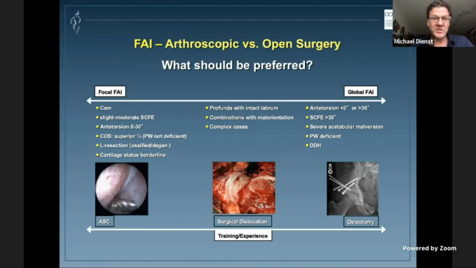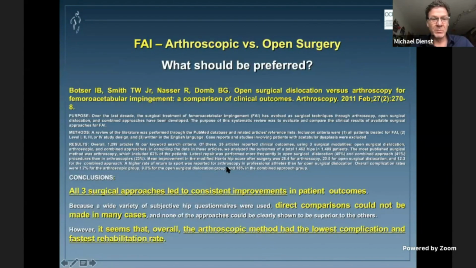The question which has been influencing us, especially in the first 10 years after first publication, is which treatment should be preferred, arthroscopic or open surgery? I think we can discuss that for hours. I think the basic message is both operative approaches are leading to good results.